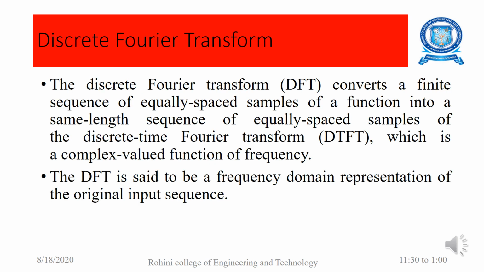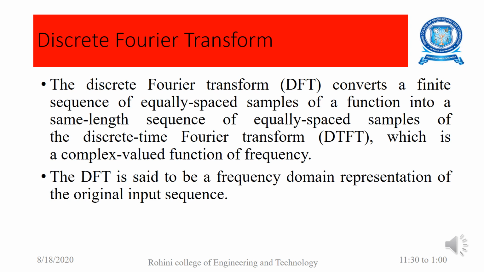Next, we move on to the discrete Fourier transform (DFT). The discrete Fourier transform converts a finite sequence of equally spaced samples of a function into a same length sequence of equally spaced samples of the discrete time Fourier transform.